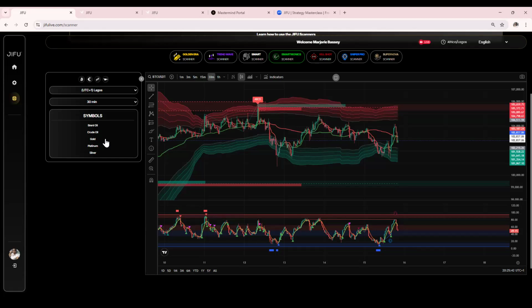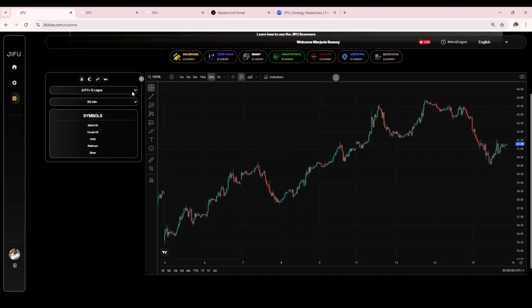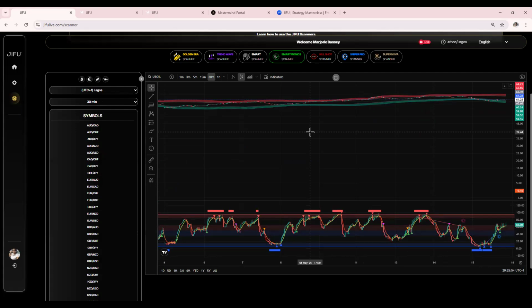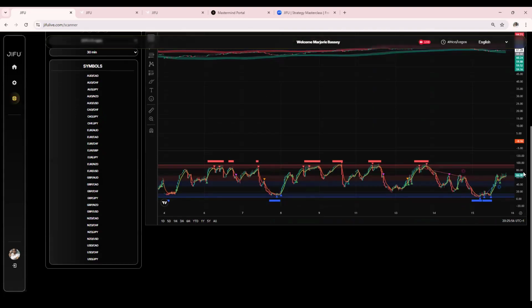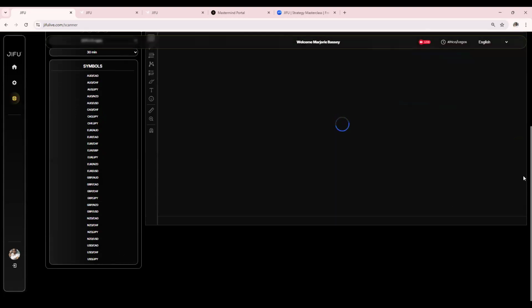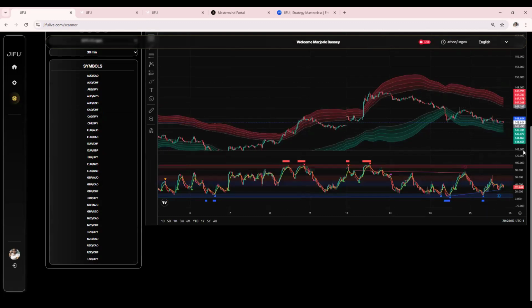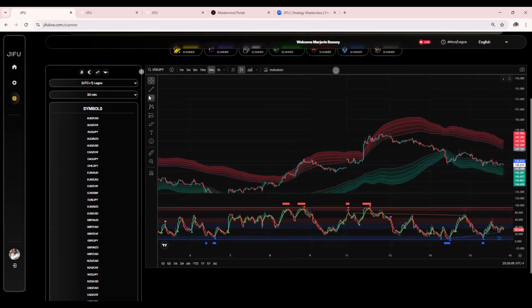So if you're not really firm, just stick with gold. Then we have crude oil. We have those things here. Then let me just go back. I want to use EUR/USD and JPY for this class, on the 15 minutes time frame.